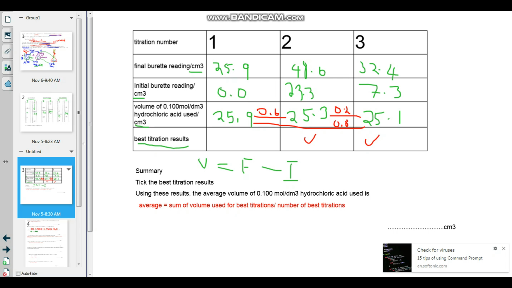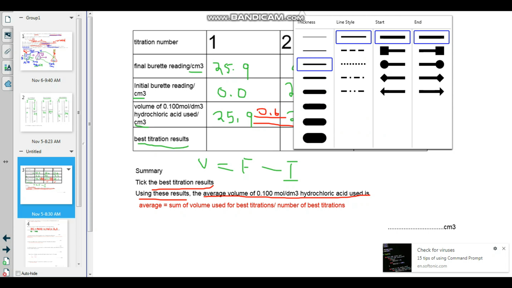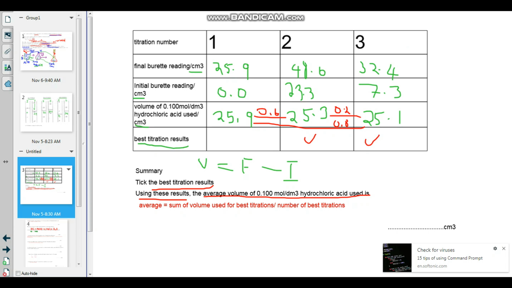The next question says, use these results, not just all the results, but your best titration results to find the average volume of the hydrochloric acid used. The formula says the average is equal to the sum of the volumes used for the best titrations divided by the number of best titrations.